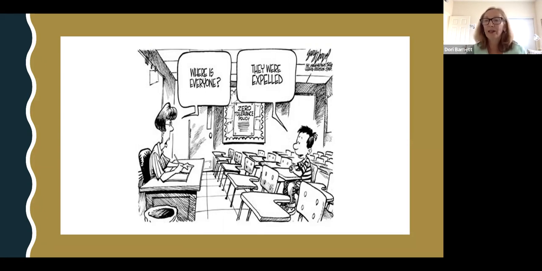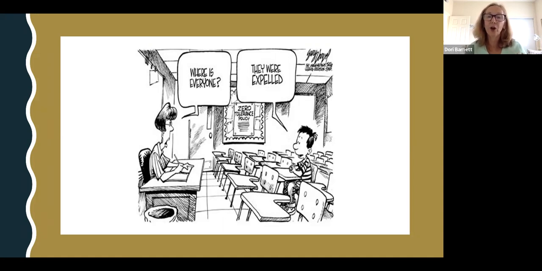And that's just not right, because when students are suspended or expelled, they're removed from instruction, and that actually makes the achievement gap even bigger. So restorative practices are considered one of the evidence-based practices, including social emotional learning, PBIS, positive behavior supports.